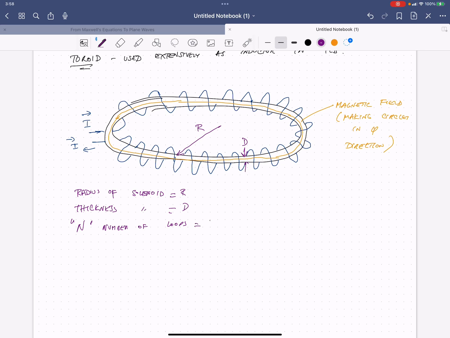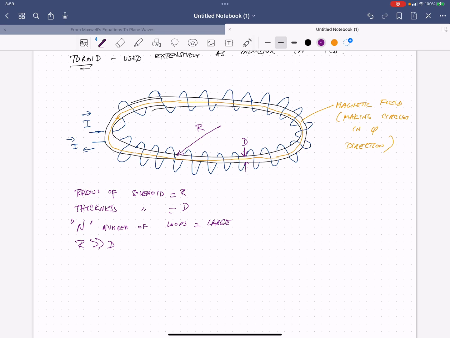Let's say this is a large number, and that r, the radius, is much bigger than the thickness d.